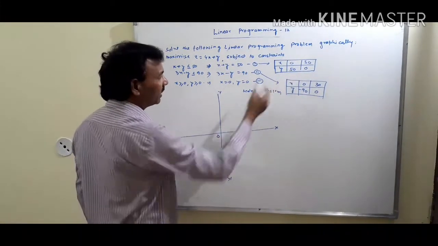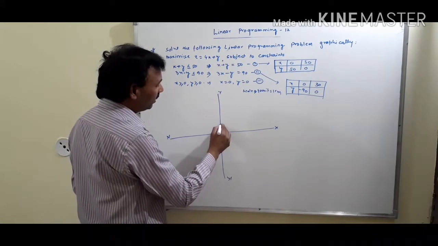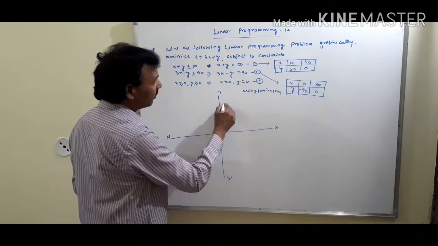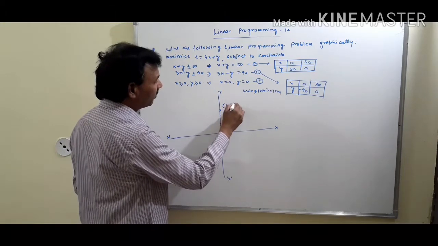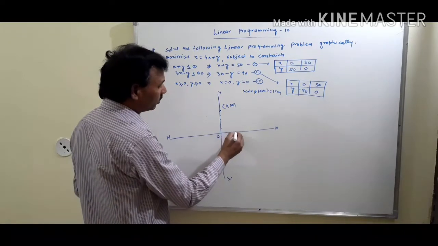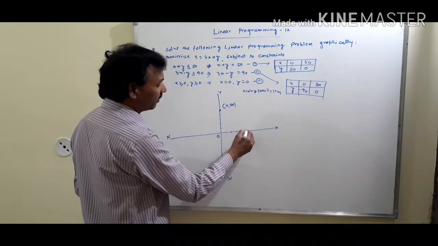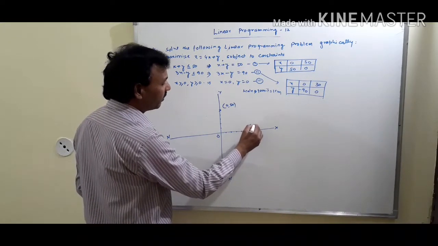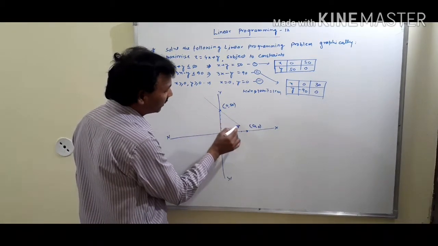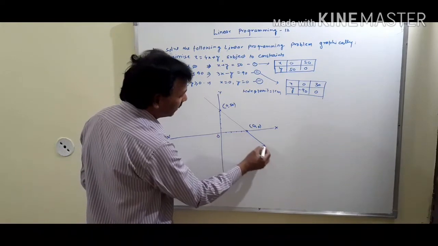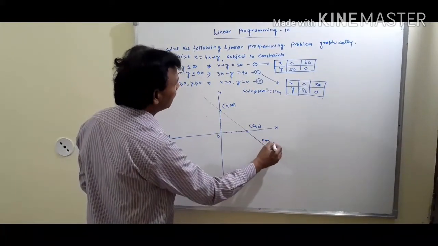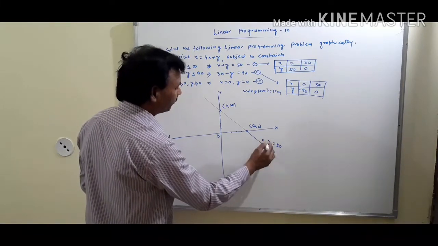Therefore this will be 5 centimeters, that means 1, 2, 3, 4 and 5. This point represents 0, 50. And 50, 0 is 1, 2, 3, 4, 5 on the x axis. If you join these two points, this line represents x plus y equal to 50.